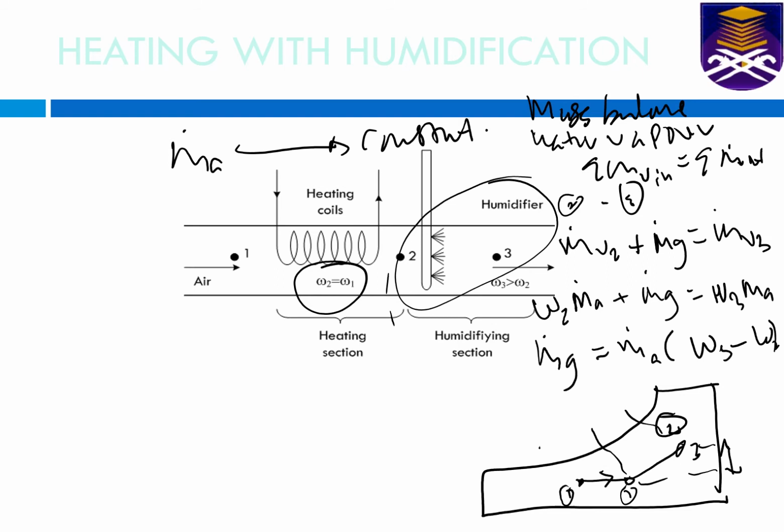From here, you can refer to the psychrometric chart to look at the processes, and the values for omega and enthalpy. But if this is not at standard atmospheric pressure, then you have to do the calculations.